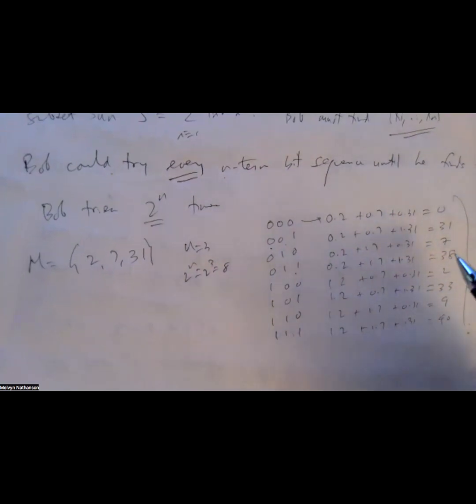If nothing else, he does the same calculation, all 8 possibilities, until he finds the one that corresponds to the number Alice sent him. So it takes up to 2 to the n tries to decode, decipher, decrypt this subset sum message. Okay.